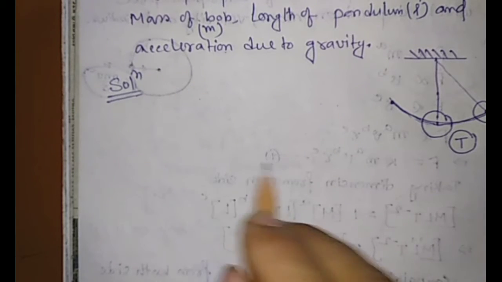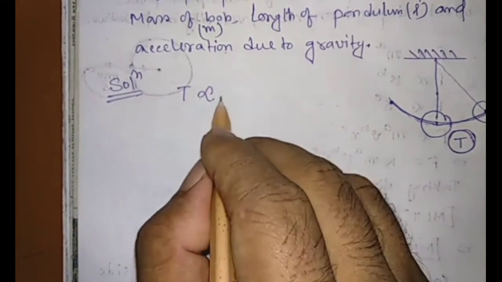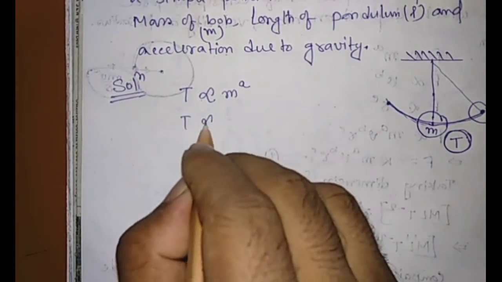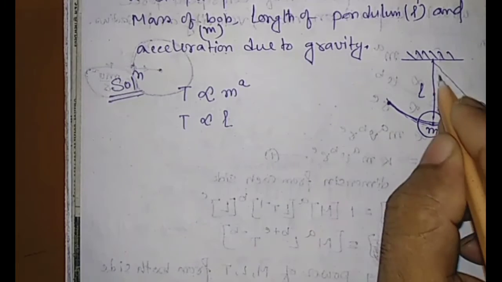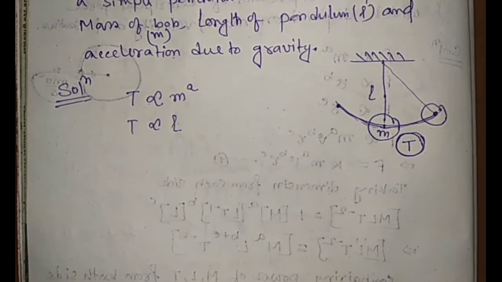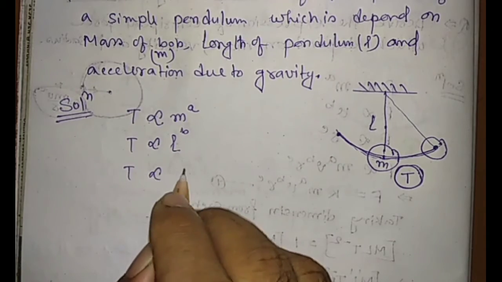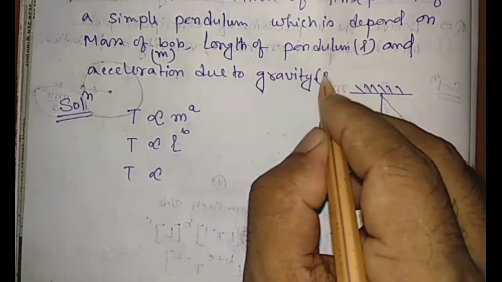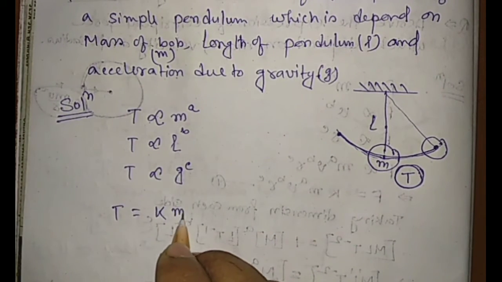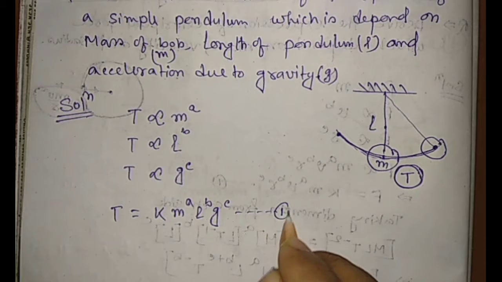Okay, now we have to derive the relation for that time period. T depends on the mass m of the bob to the power a, T is proportional to the length of the pendulum L to the power b, and T is proportional to the acceleration due to gravity g to the power c. Now T equals constant times m to the power a, L to the power b, and g to the power c. This is equation number 1.